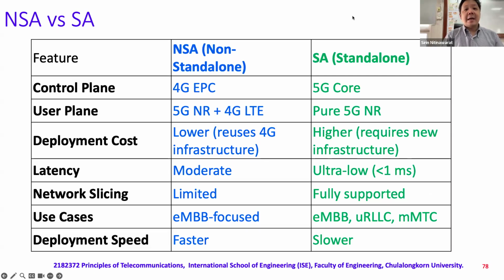But of course, the standalone deployment requires higher capital investment, right? But this investment will come with extra benefits, like reducing the latency further and enabling important network functions like network slicing and others.